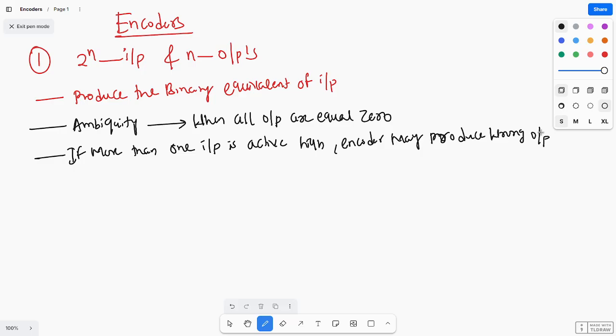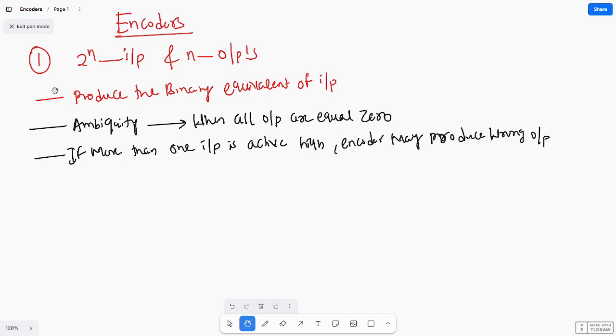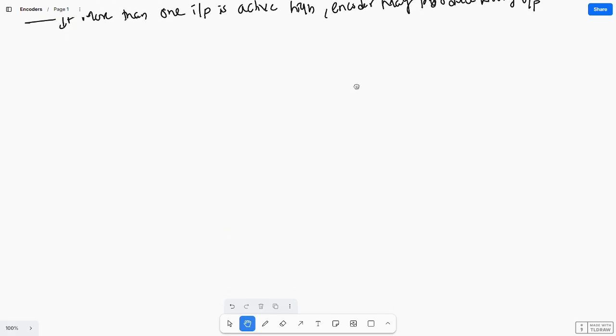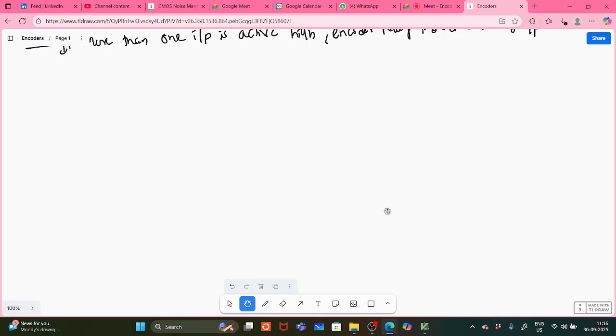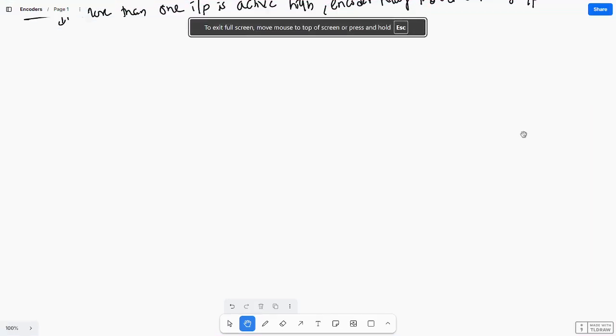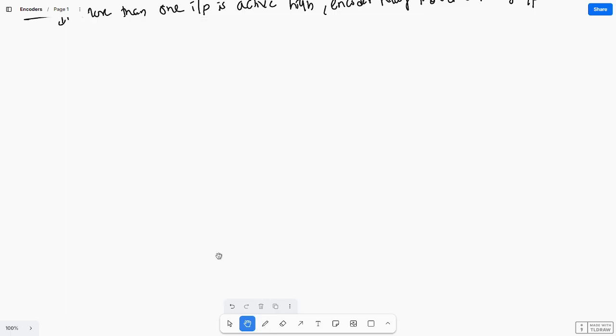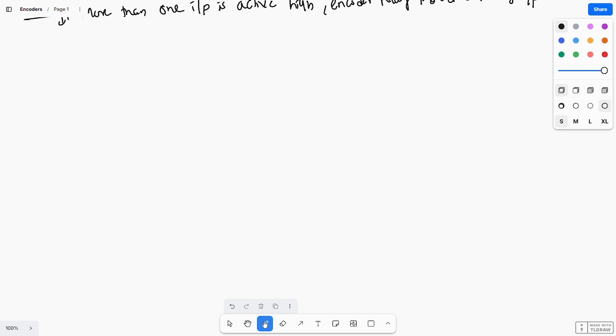If you see the block diagram for the encoder, it will look like this.